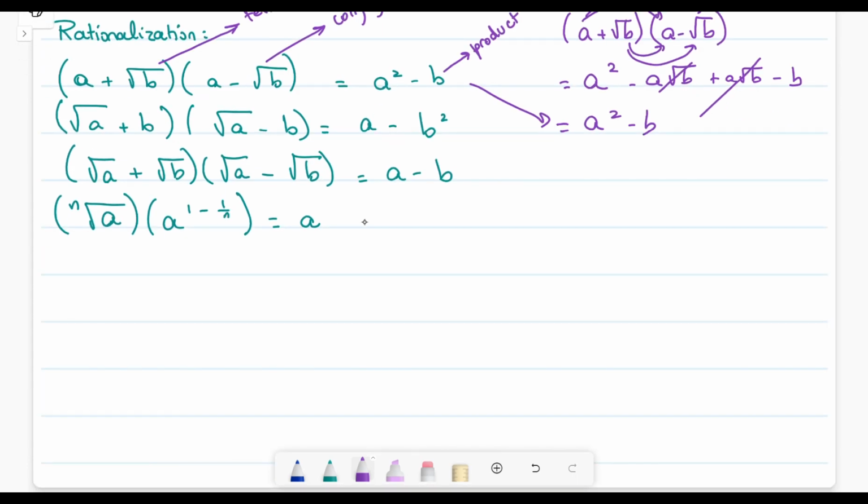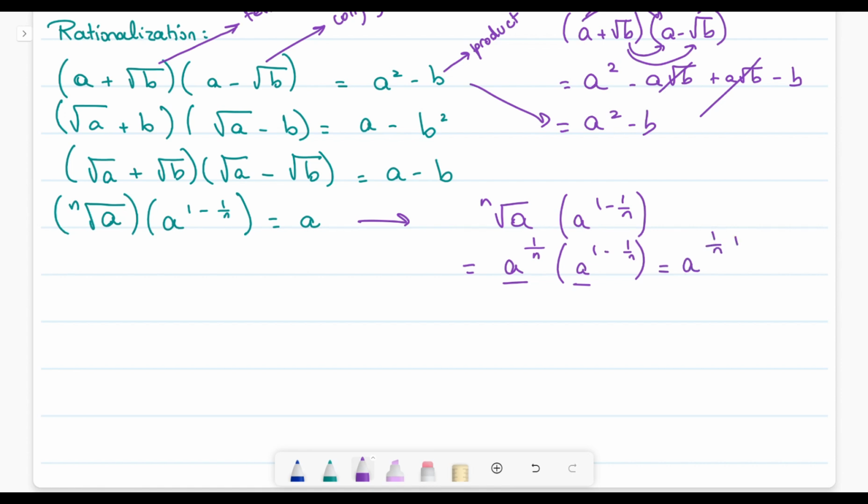So another example, I will show you the last one. So as we discussed earlier, nth root of a, we can write this as a to the power of 1 over n. And since we have the same base, we can add up the exponents. So 1 over n plus 1 minus 1 over n. We cancel the 1 over n. This becomes a to the power of 1, which is a.